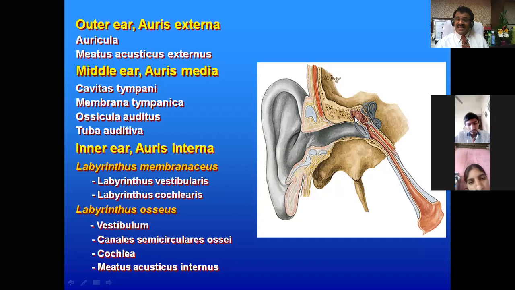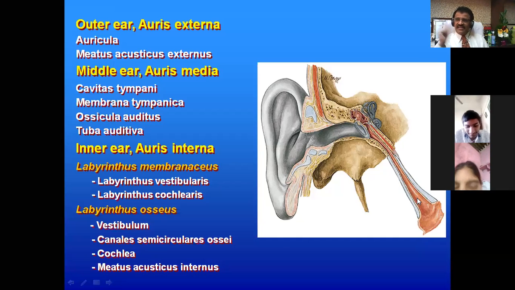Inside the middle ear there are auditory ossicles, or ear ossicles. And there is a tuba auditiva. Auditiva means auditory tube. The auditory tube goes from the middle ear downwards and inwards to the nasopharynx.